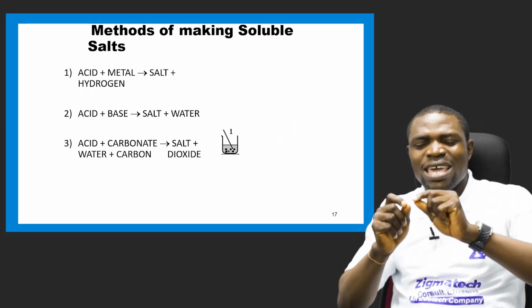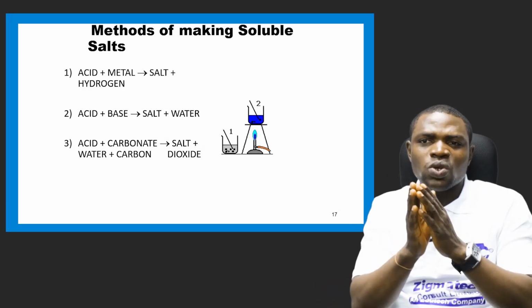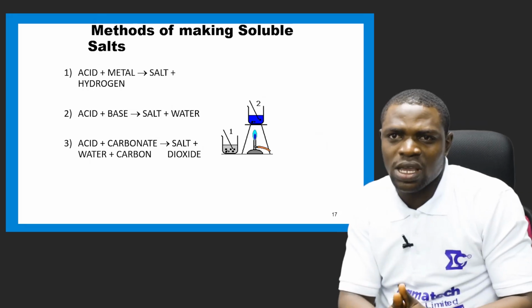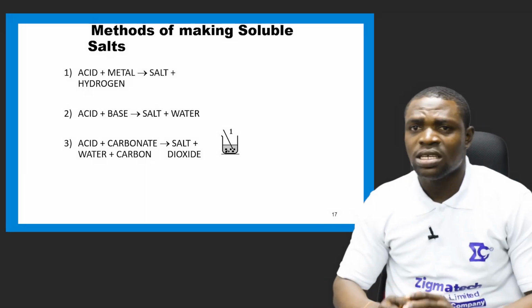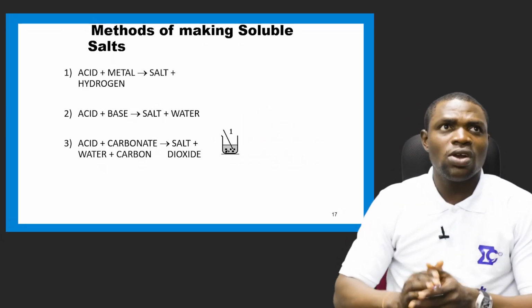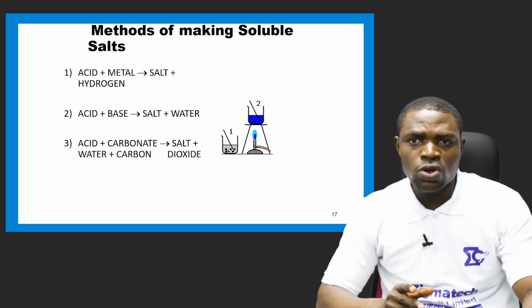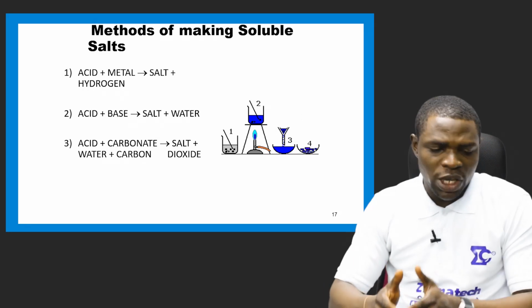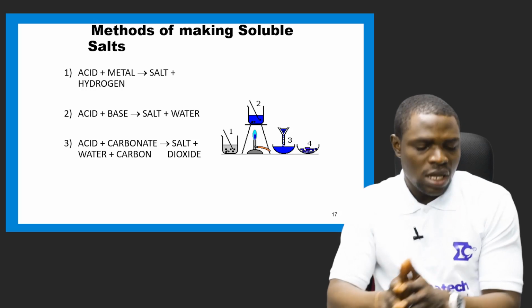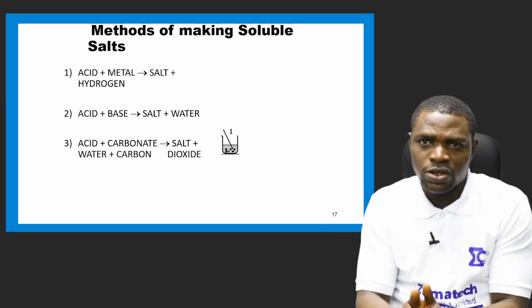So in a very explicit and direct way, if you want to get your salt and hydrogen, what you need to do is just take an acid, especially inorganic acid, bombard it with metal, then you are going to get salt and hydrogen. Then number two, when you react acid and base together, you get salt and water. Please take note of this. Acid, metal, what do you get? You have salt and hydrogen.